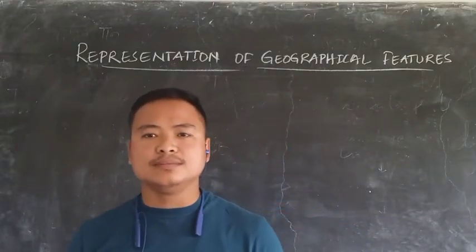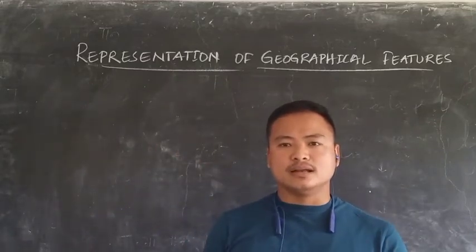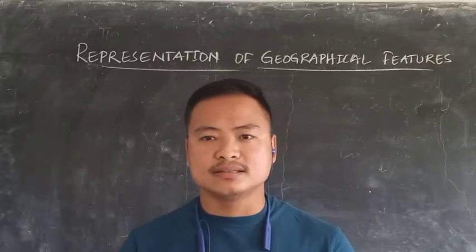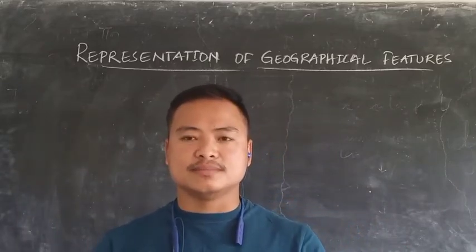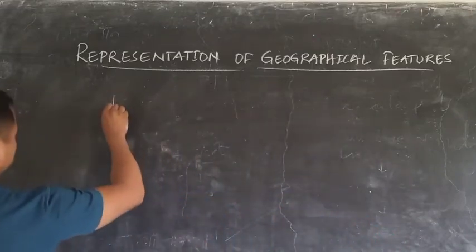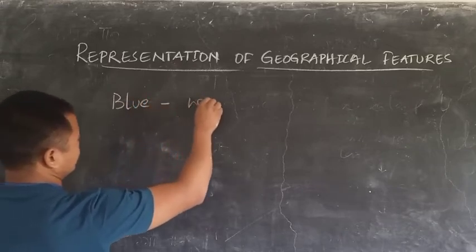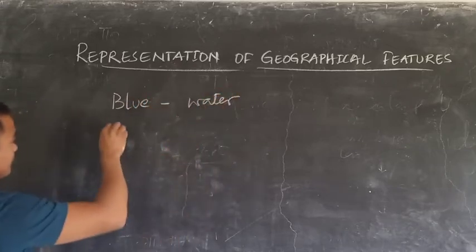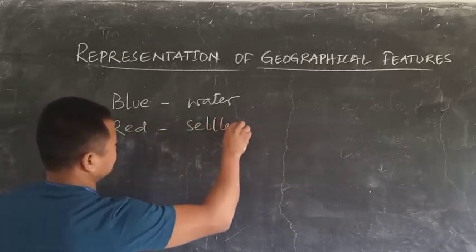We cannot just randomly use colors, right? The colors that are used in a map have a specific reason, or signify something on that map. Let's say blue, the color blue, represents water bodies. Red represents sediments.